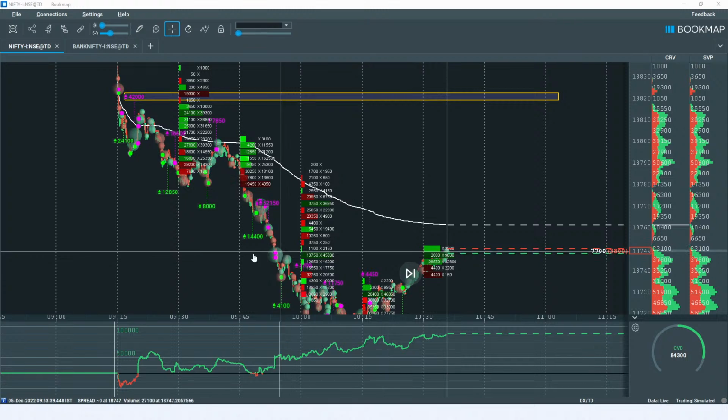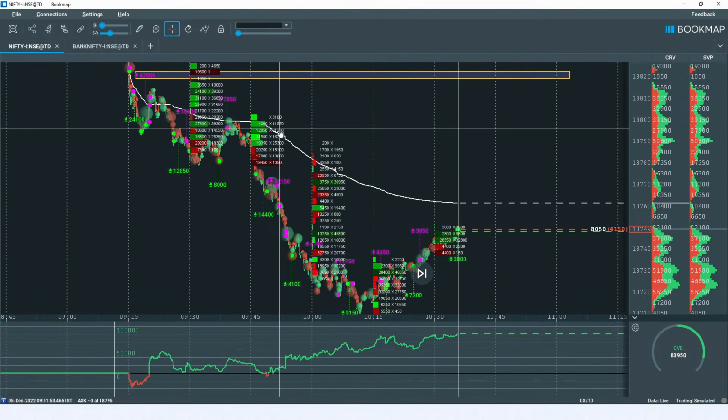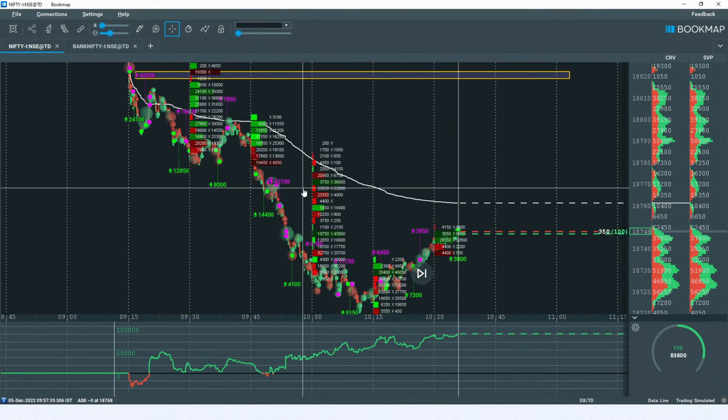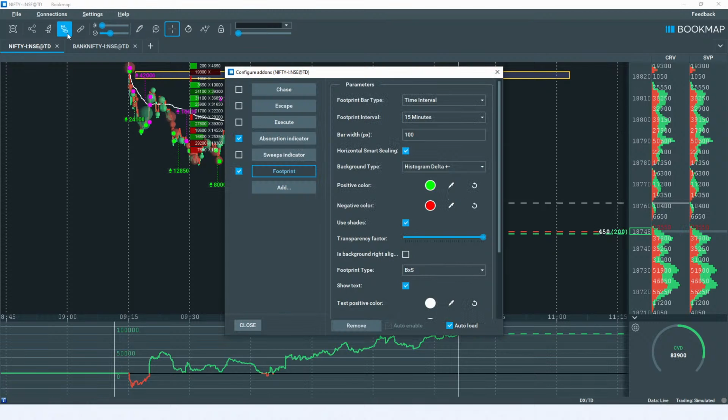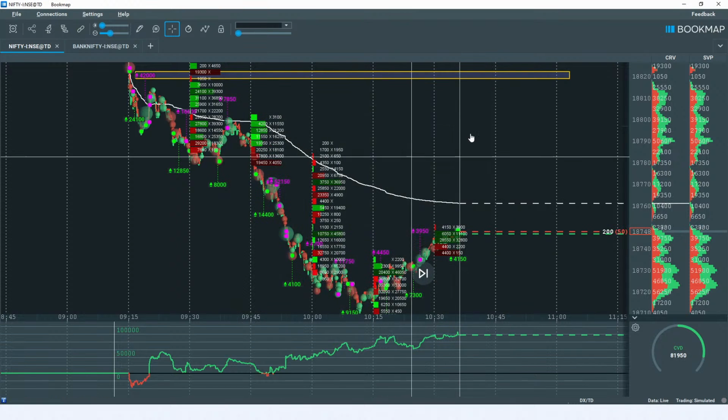Point one, in simple words, it helps us identify the profile of the entire time interval we have selected. There are many ways you can calculate. At the moment I have selected this time interval basis, and you can also do this by reversal, range, or by giving tick data. But in a simple sense, it makes sense for us to look for time interval footprint charts.